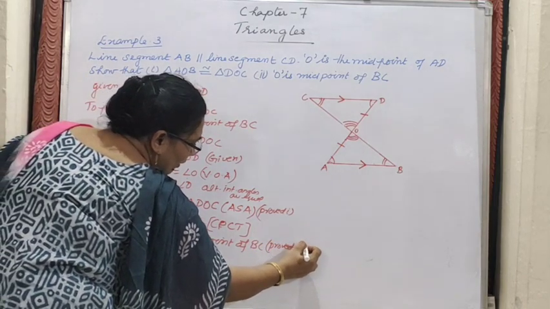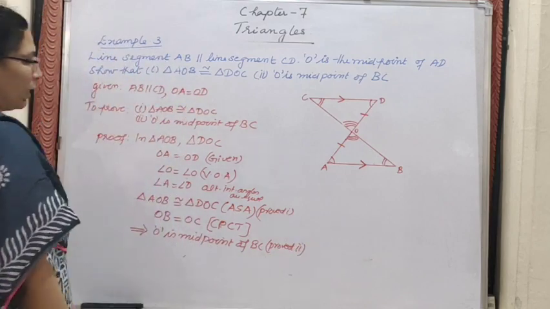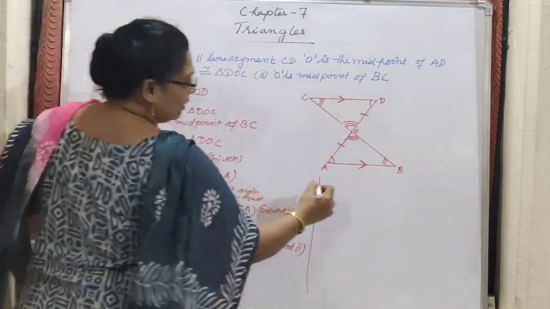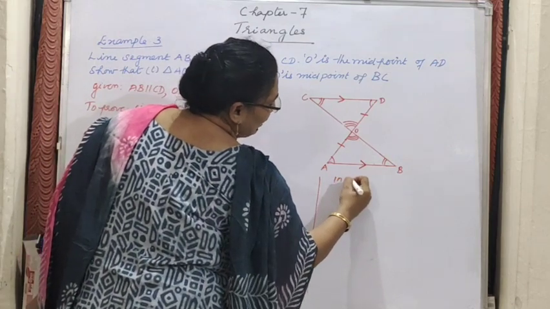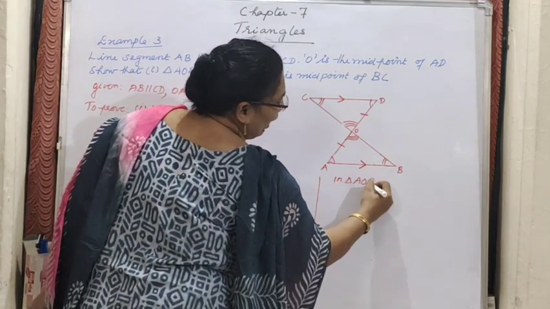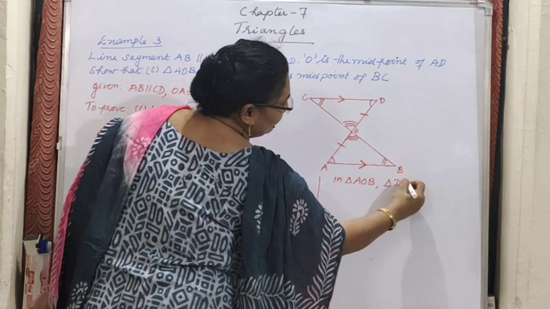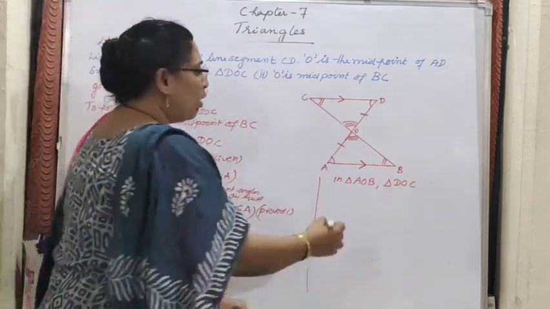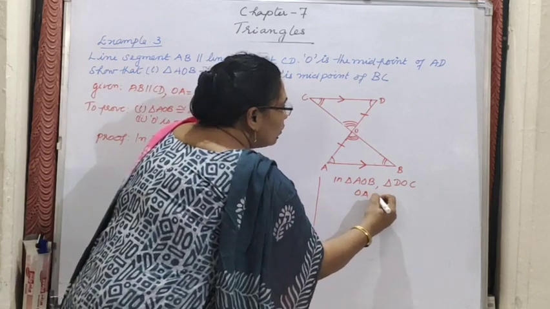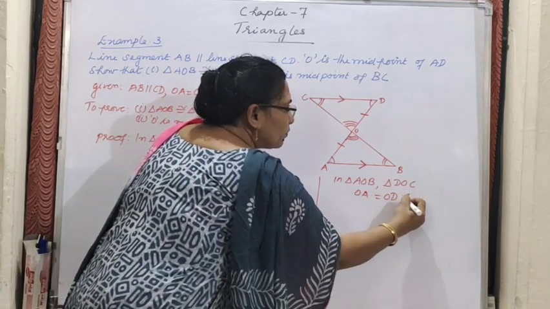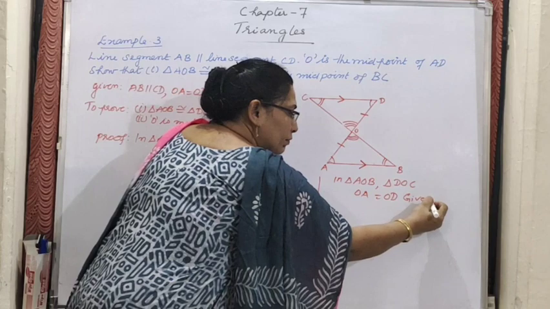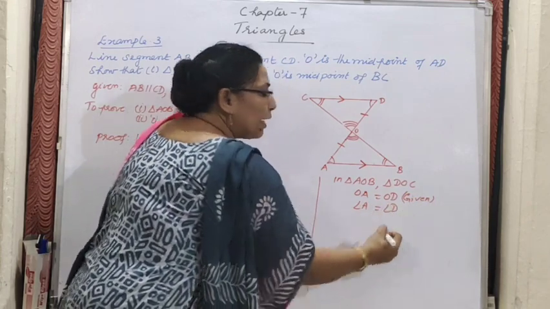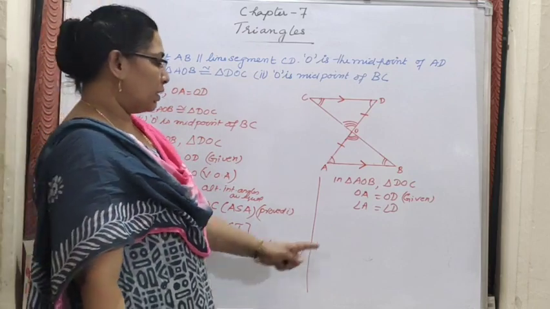One more time I'll give the option for this proving, that is in triangle AOB and DOC, right? If anybody wants to write in triangle AOB and triangle DOC, listen, if anybody wants to write like this also, we can write OA equal to OD, that is given. Now angle A equal to angle D. What is the reason?